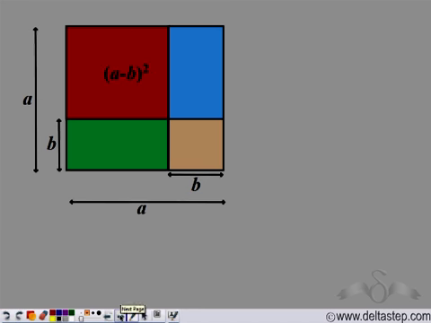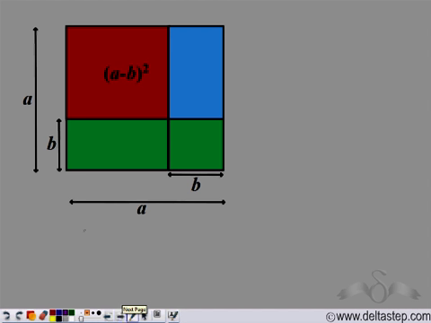So this red area is A minus B whole square. This A minus B whole square is equal to the area of this large square, which is A square, minus these three areas. So it is A square minus the area of this part, minus the area of this part, and minus the area of this part.